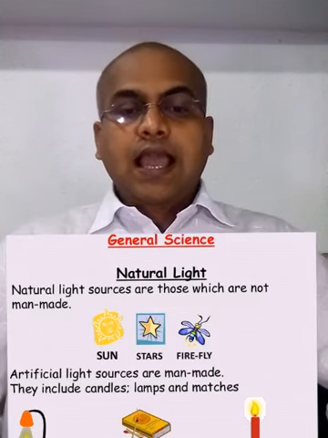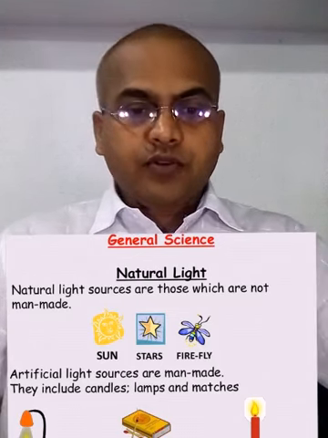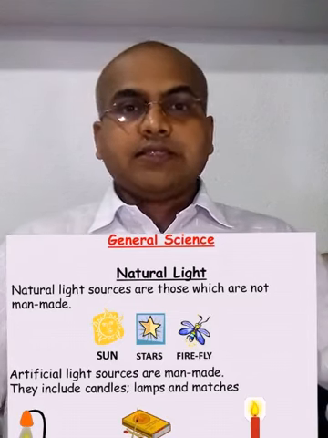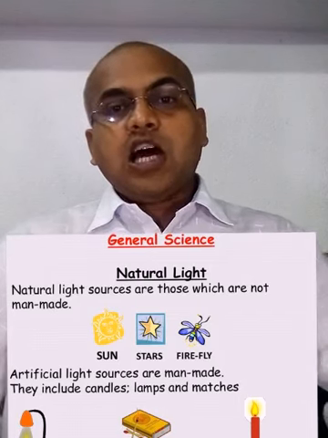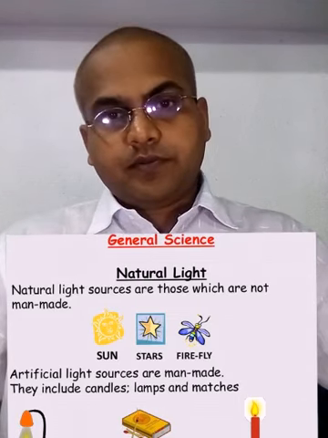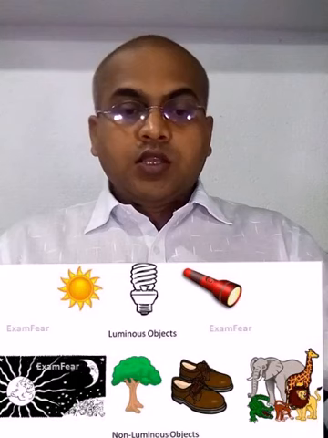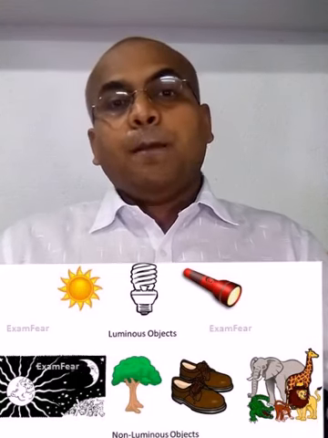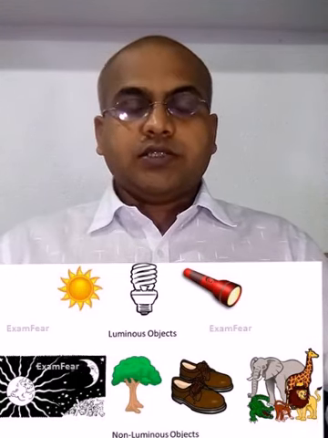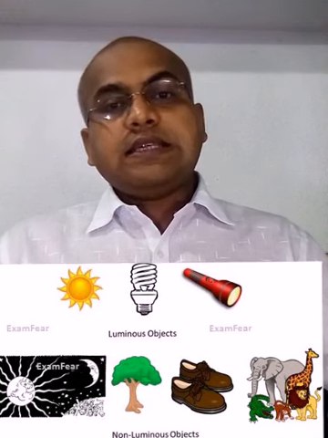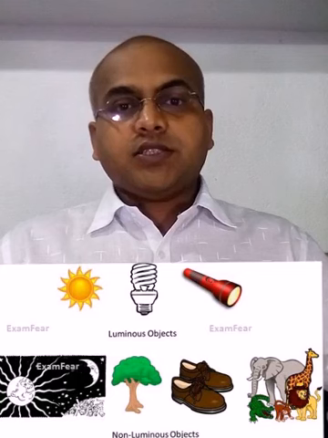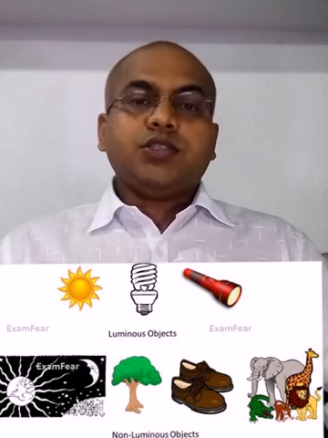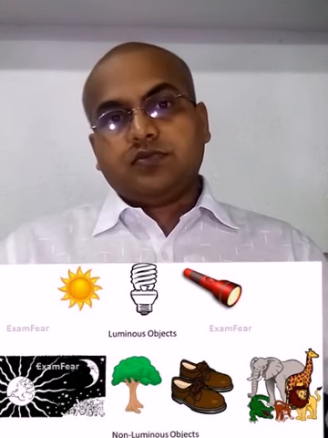In this activity, we have to take some opaque objects and a sheet of paper. When we put that opaque object against the sunlight, there will be a dark patch formed on the sheet of paper.